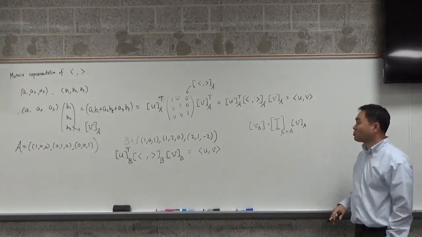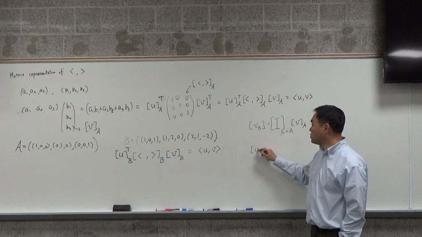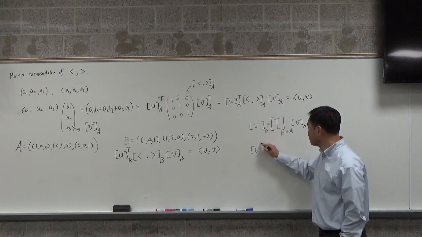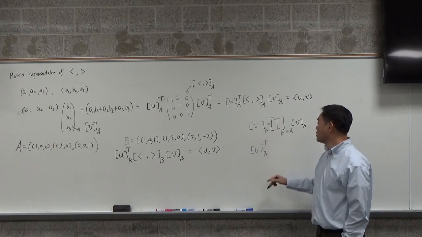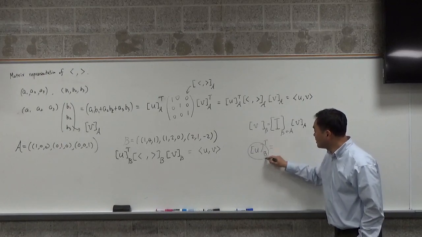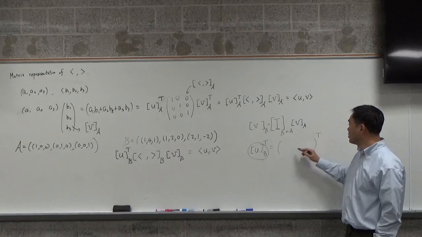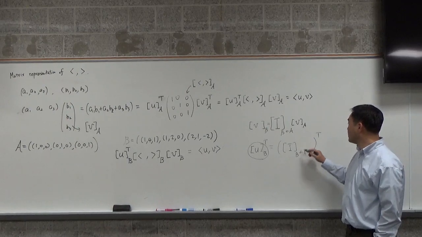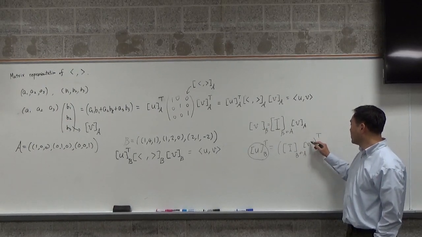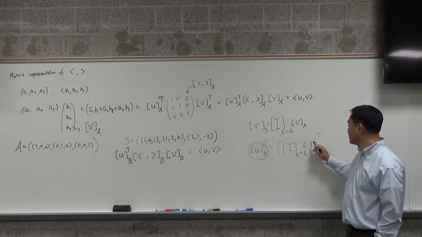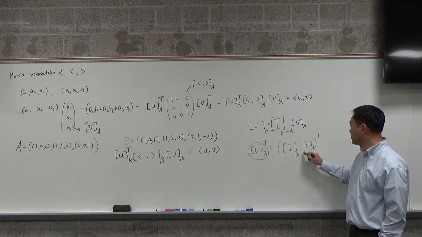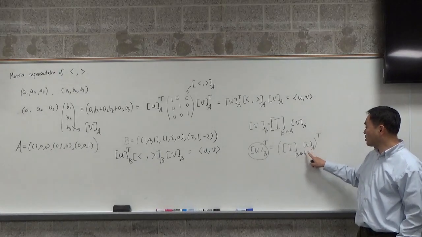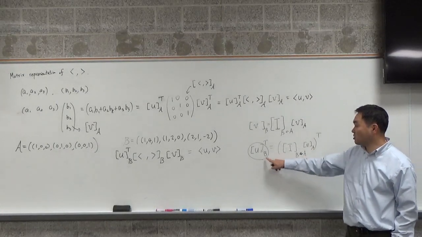there's another property that I forgot to say about transpose. If you have UB transpose, well, this thing itself is the same as the identity from A to B applied to U represented under A. So this takes a coordinate matrix under A to a coordinate matrix under B, right?